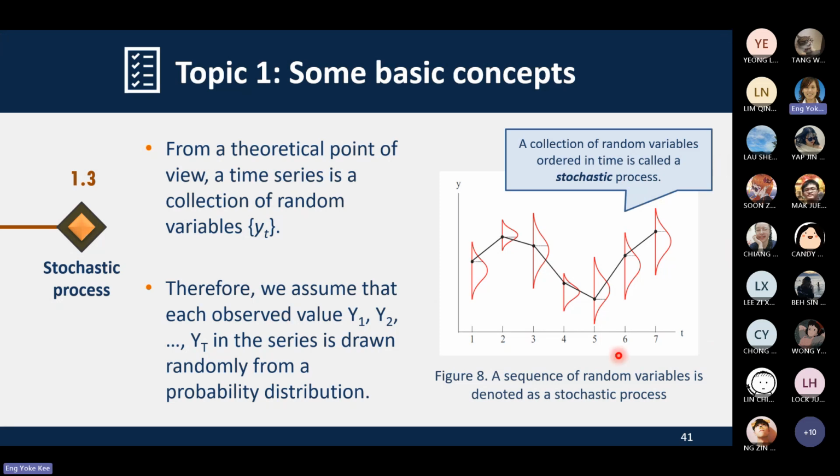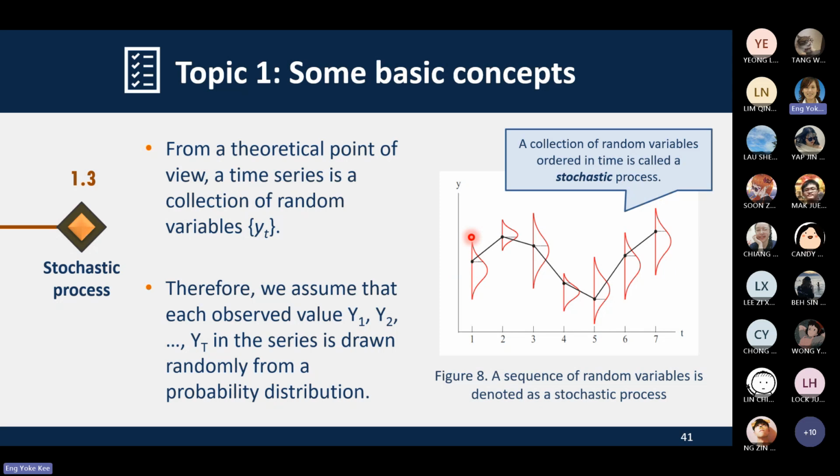Each data point is subject to probability, so how it will move you don't know, because it is a random process. So what is this stochastic process? It's just a collection of random variables ordered in time. Every period you have a random variable, so a collection. This line is a stochastic process.